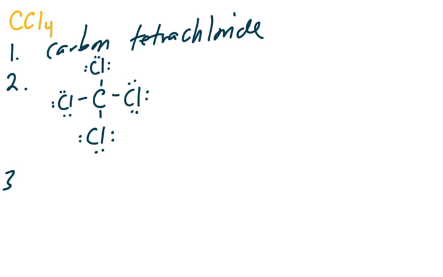Next is electron geometry and molecular geometry, and in this case, they're both tetrahedral. So that twice, and then estimate the bond angles between carbon and chlorine.